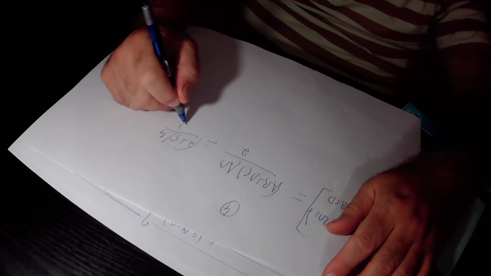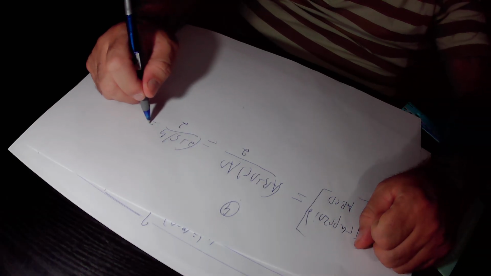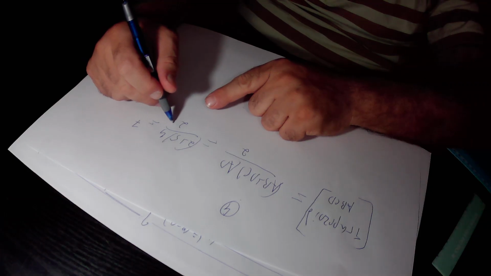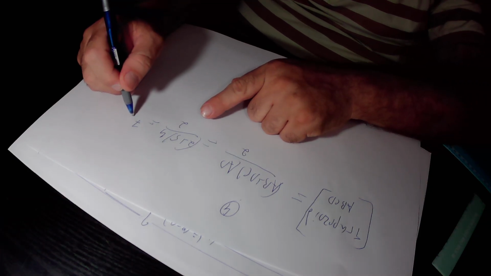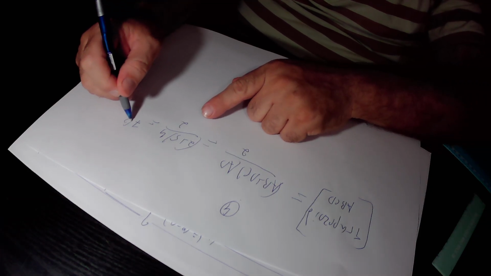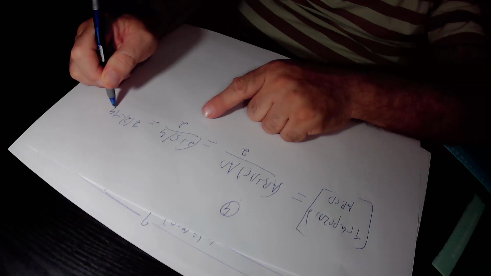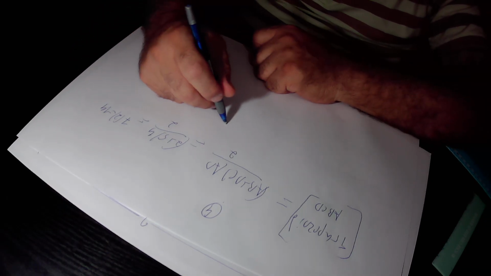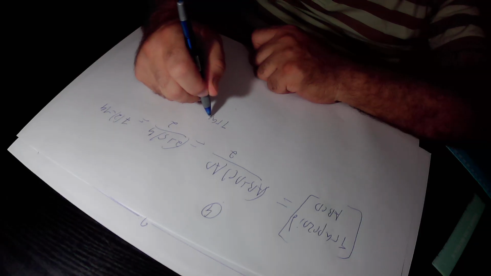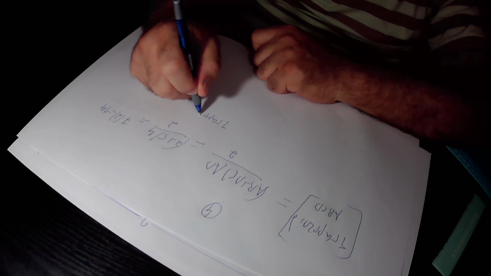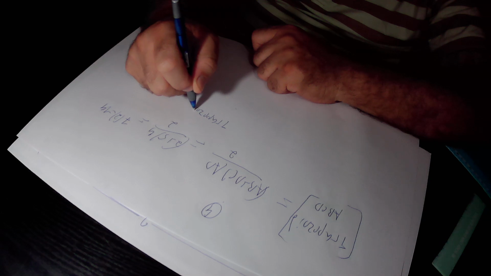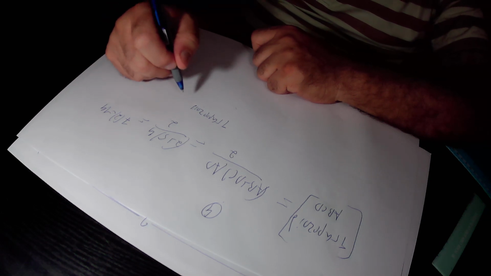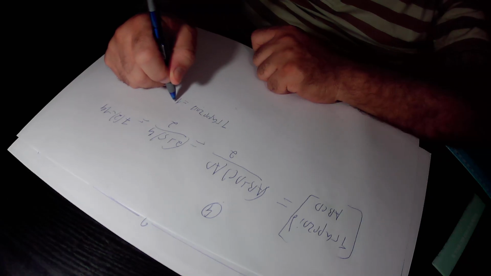divided by 2. So in total, the area of trapezoid ABCD equals 2 plus 5, that is 7. And then we have 4 over 2 is 2. So in total, this expression equals 7 times 2, that is 14. So we found out that the area of trapezoid ABCD is equal to 14 square units.